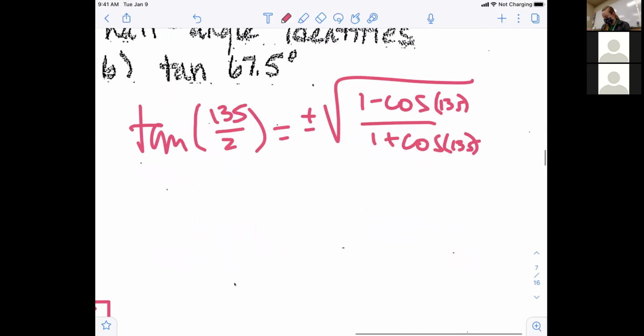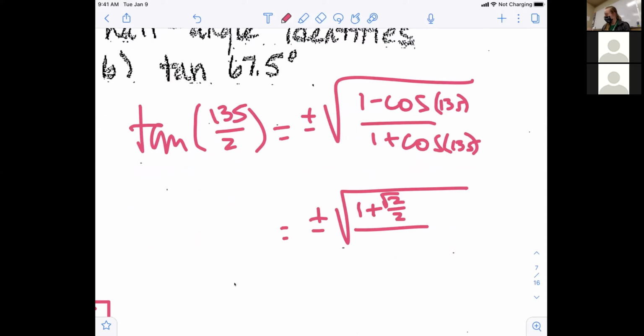We're going to leave this pretty ugly in a second. So I've got 1 minus cosine of 135. Is cosine of 135 positive or negative? Negative. So that's going to be 1 plus root 2 over 2, and on the bottom is going to be 1 minus root 2 over 2.